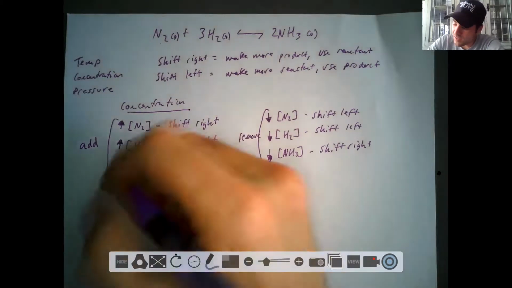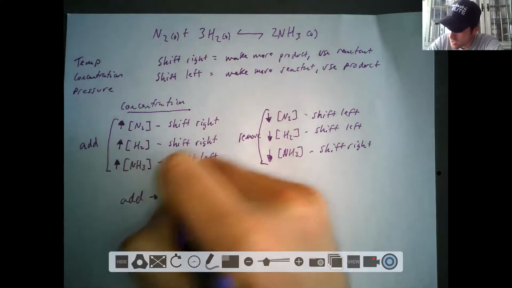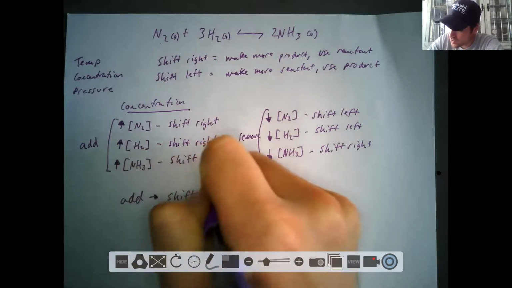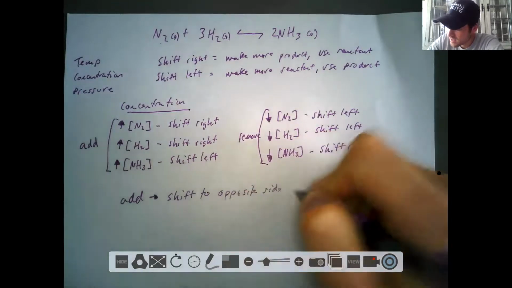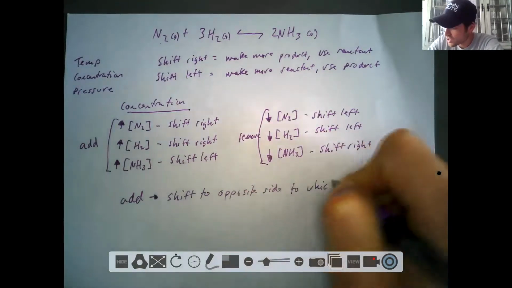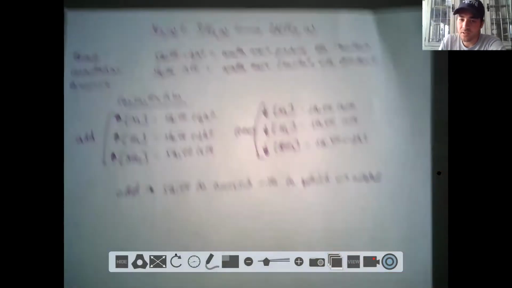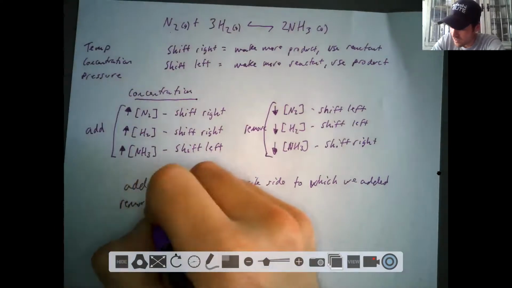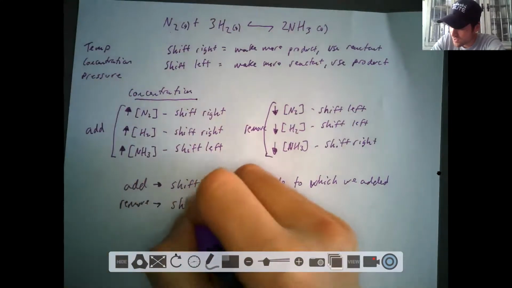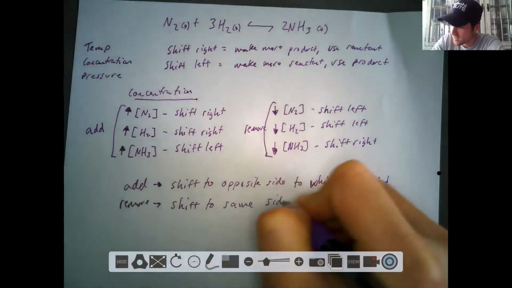One thing, so general statement, if we're adding, what's going to happen? We're going to shift to the opposite side to which we added. Okay. What happens when we remove something? Well, when we remove something, we're going to shift to the same side.